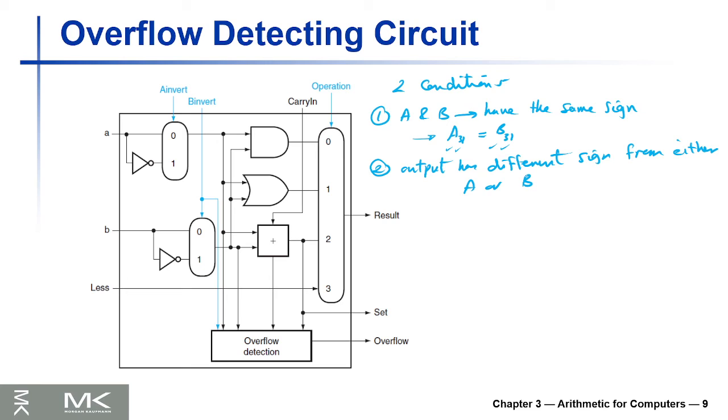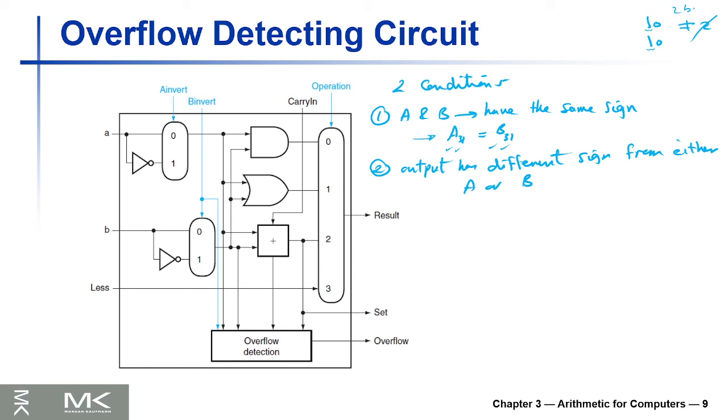Let's have an example. Let's add 1 0 plus 1 0. Basically, before doing anything, what is this 1 0 plus 1 0? This is not 2. This doesn't equal 2. Because this is a signed number and the most significant bit is 1. Let's assume that the number is 2 bits here.